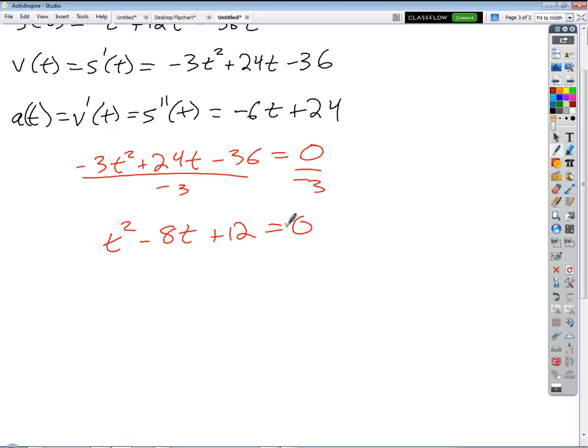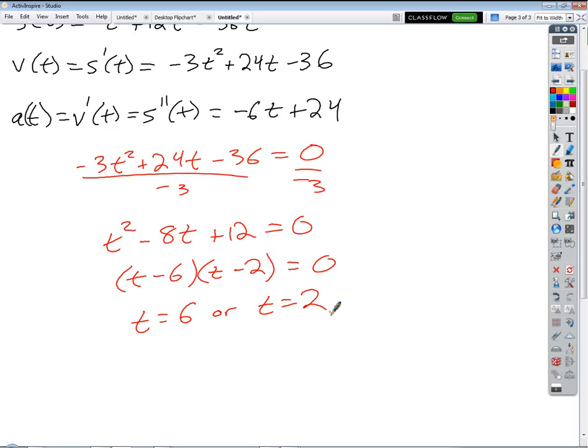How does that factor? 6 and 2. Good. So my solutions are t equals 6 and 2.